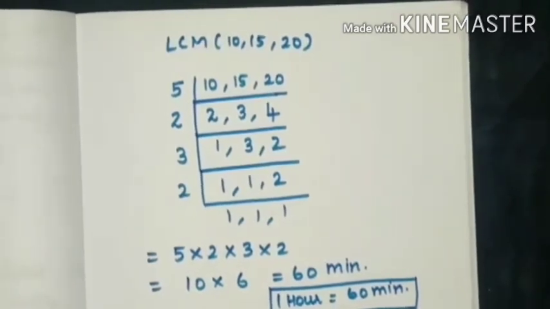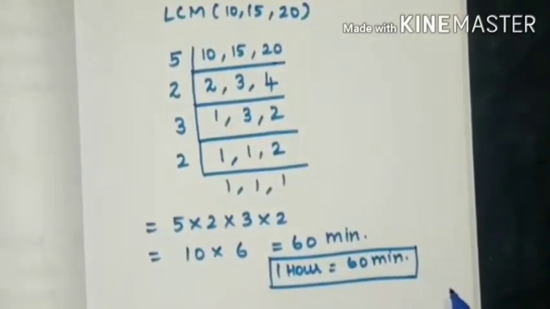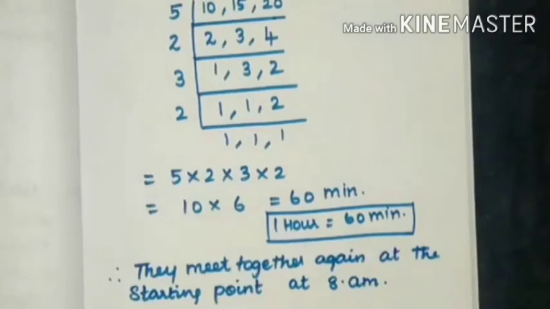They start together at 7 a.m., so definitely they meet at 8 a.m. Therefore, Wilson, Madan and Guna meet together again at the starting point at 8 a.m. Students, is it clear now? They start together at 7 a.m. Here the answer is 60 minutes. 1 hour equal to 60 minutes. So they meet each other after 1 hour. Therefore, they meet together again at the starting point at 8 a.m.